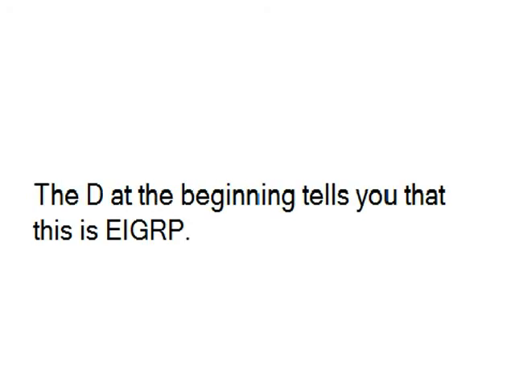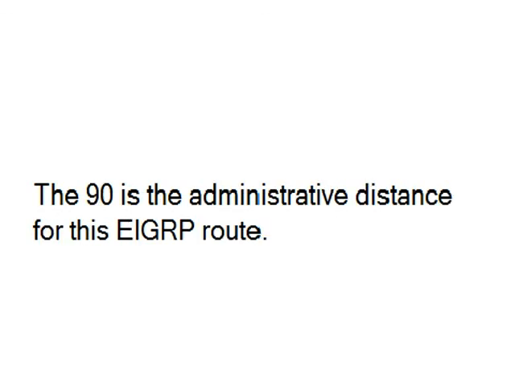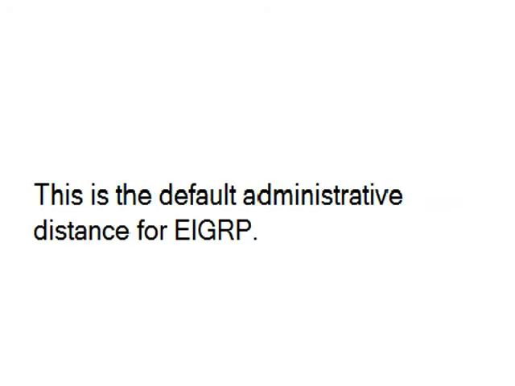The D at the beginning tells you that this is EIGRP. The 90 is the administrative distance for this EIGRP route. This is the default administrative distance for EIGRP.